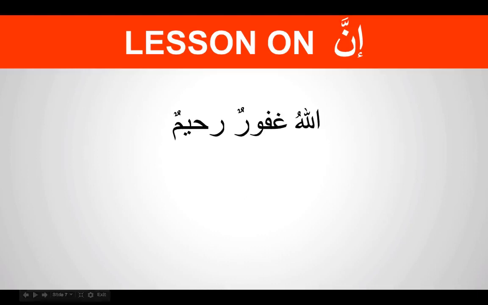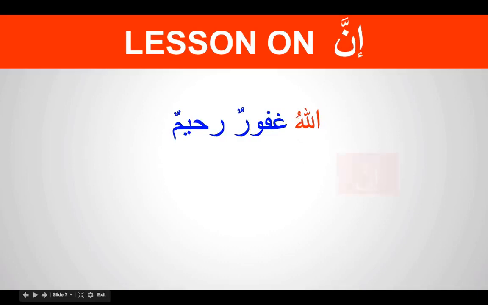Let's take a very famous example that we've learned: Allahu Ghafurur Rahimun. What do we have here? We have the word Allah as mubtada, and Ghafurun Rahimun. Ghafurun is khabar, and Rahimun is also khabar number 2 for Allah Azza wa Jal. Here we have Allahu, the noun with the damma.